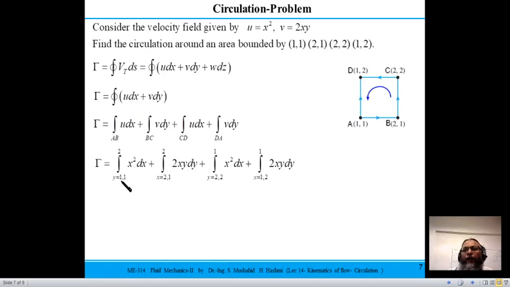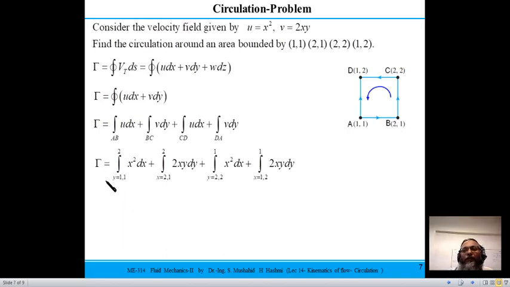For example, in the first integral, which is from A to B, your x is changing from 1 to 2, and y remains the same.